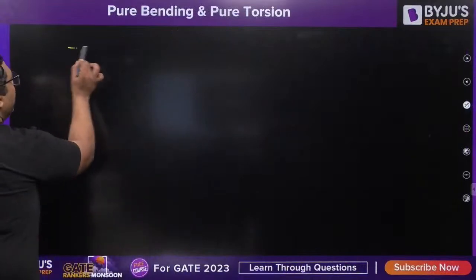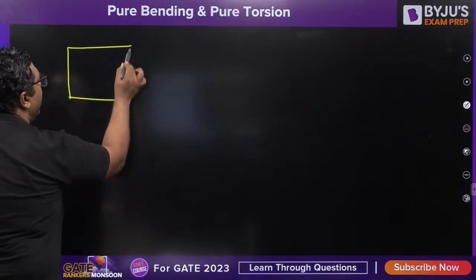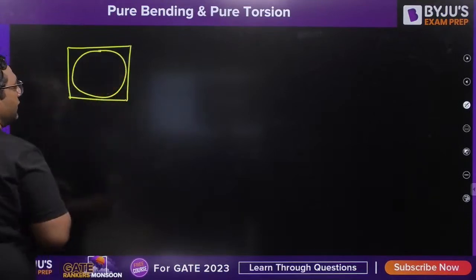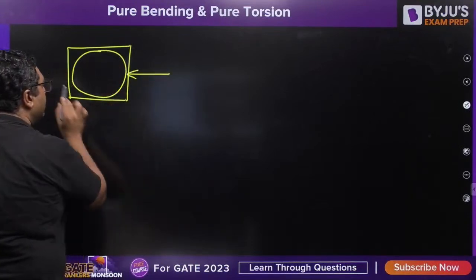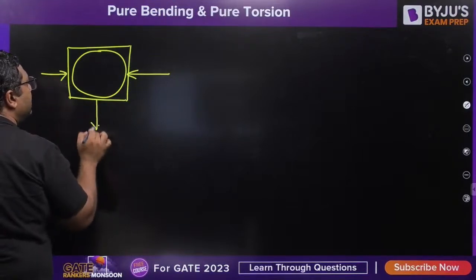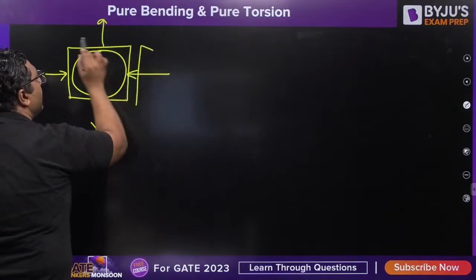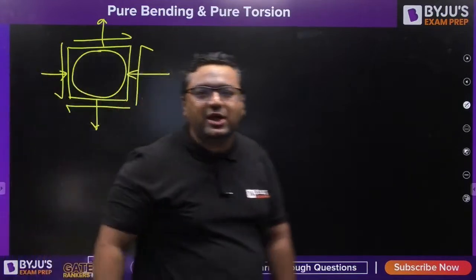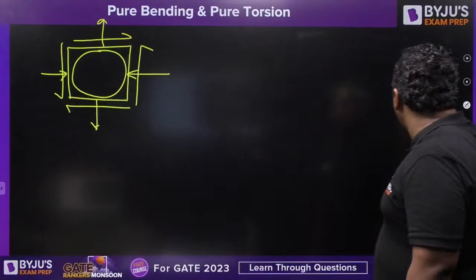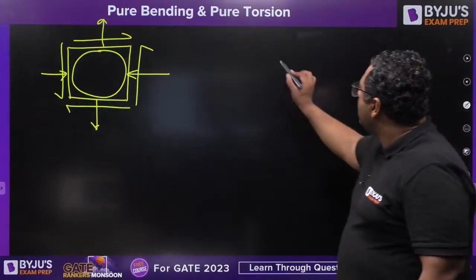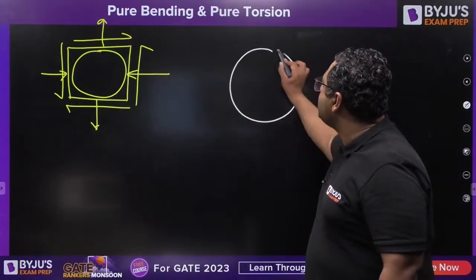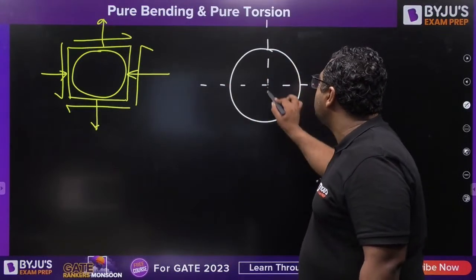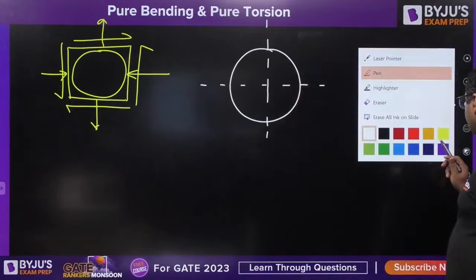We are having a plate, guys, and on that plate we are inscribing a circle like this. Now this plate is loaded like this. Because of loading, some strains and stresses will come into the picture. Initially it was a circle, so it had the same radius from all sides.